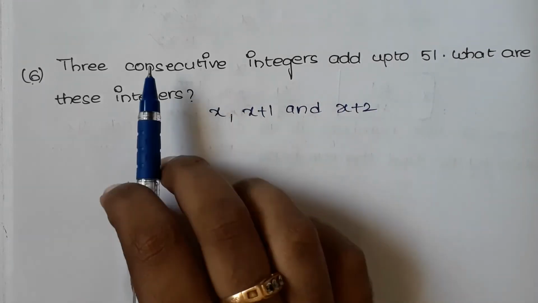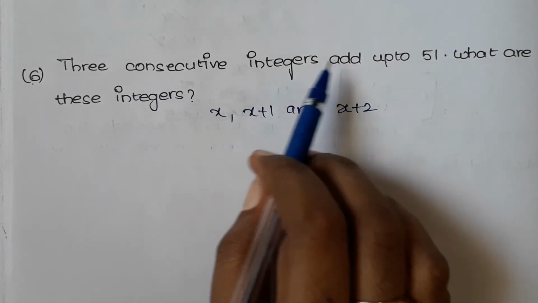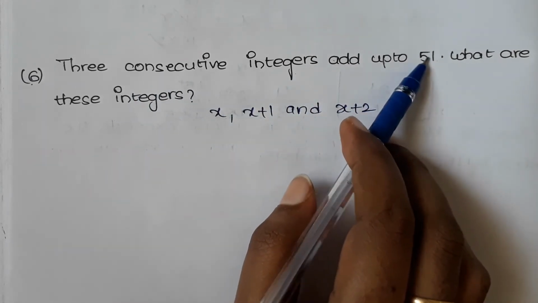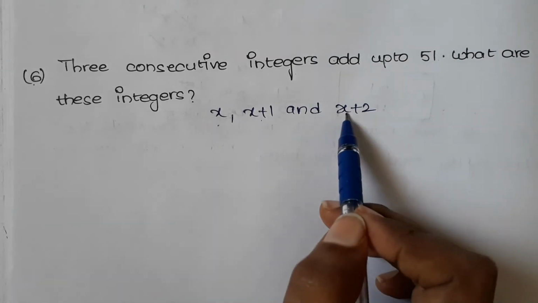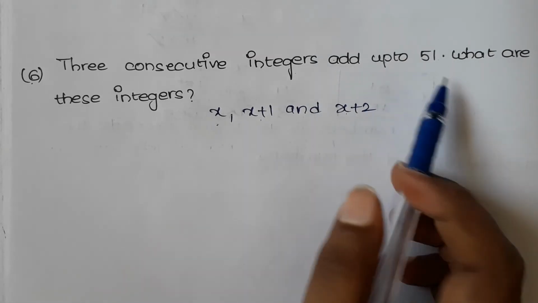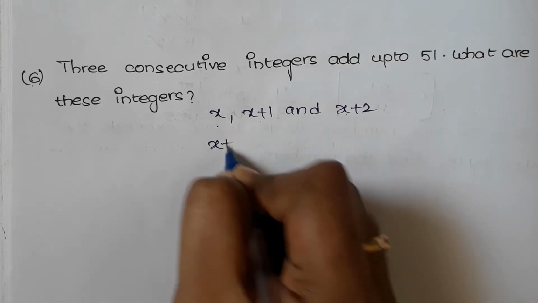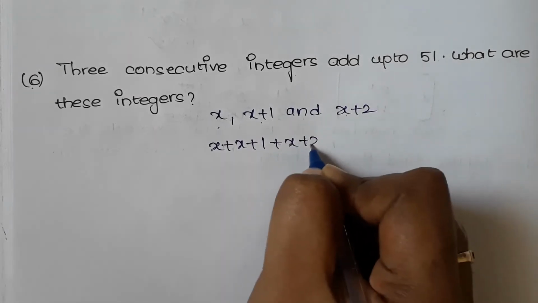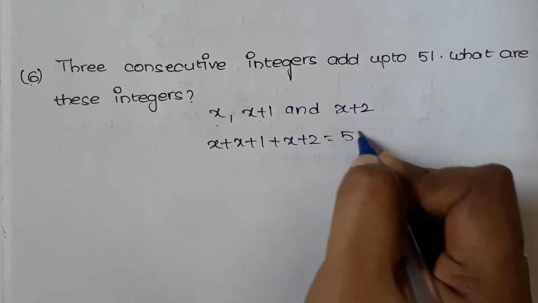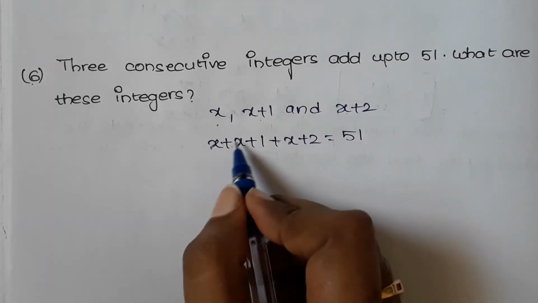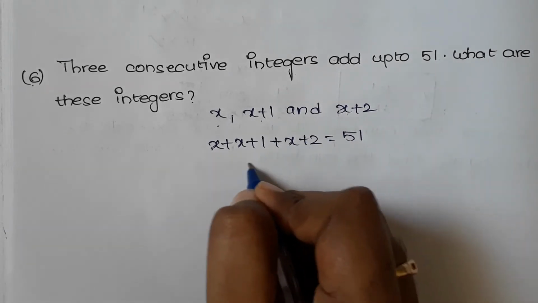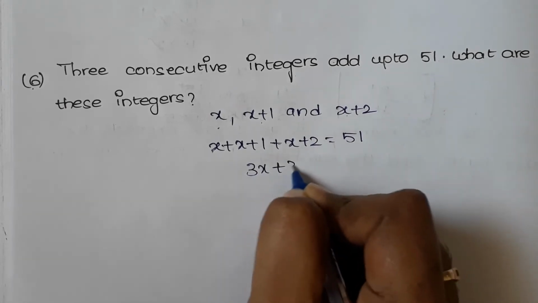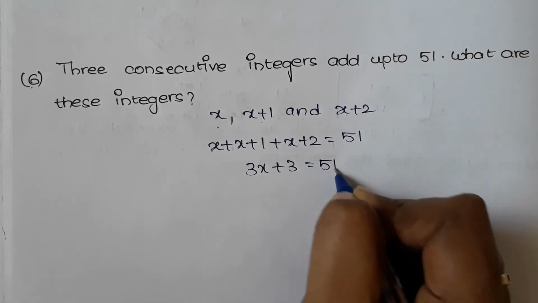They have given that three consecutive integers add up to 51, that is the sum of these three consecutive integers is 51, that is x plus x plus 1 plus x plus 2 equals 51, that is 3x plus 3 equals 51.